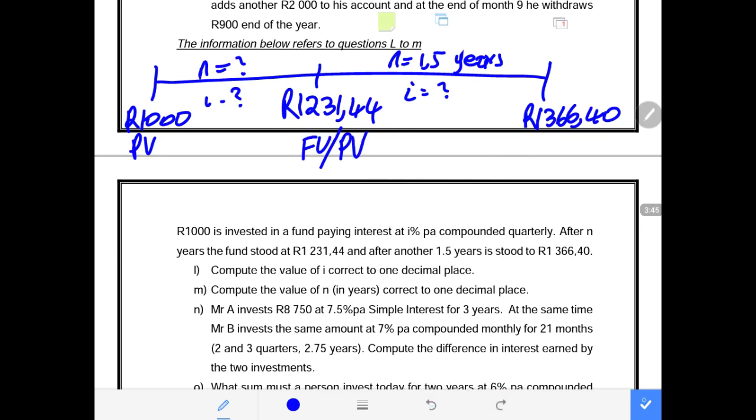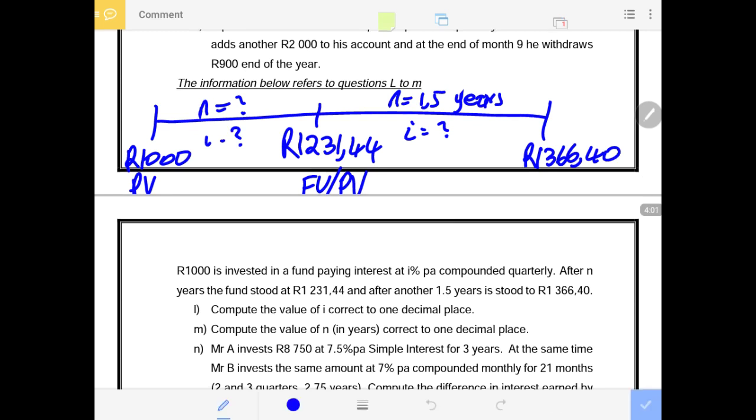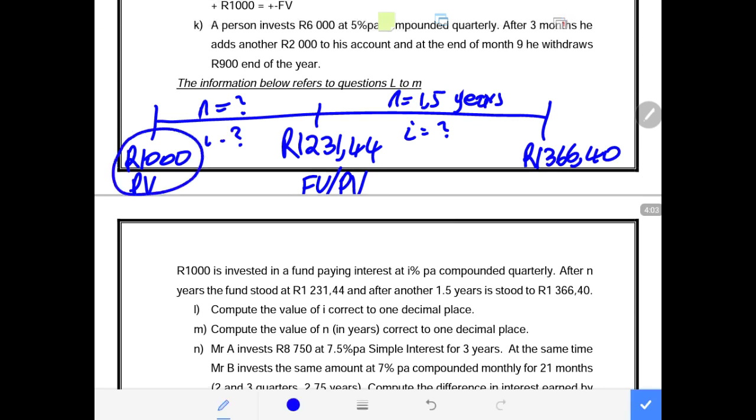So it is very important to note that a future value can be converted to become a present value of the future amount. If that future value will be accumulating to another future amount, then it becomes the future value. However, the present value of 1,000 rands stays a present value all the time because it is not the future of the past. It is the present, then it goes forward.